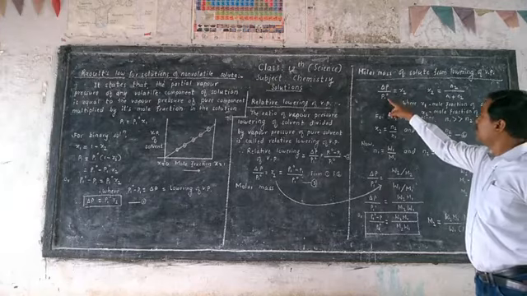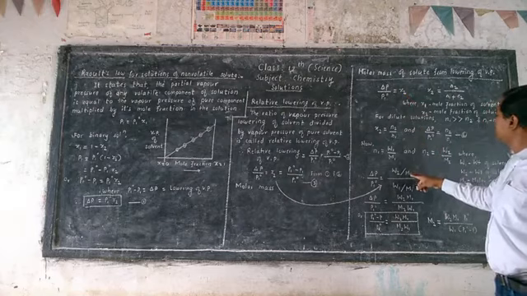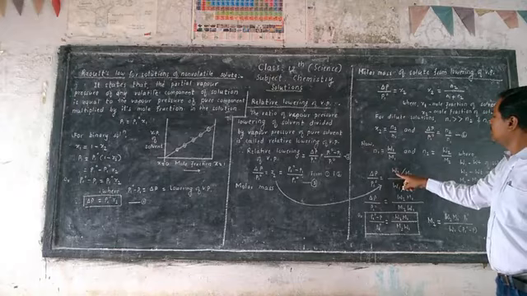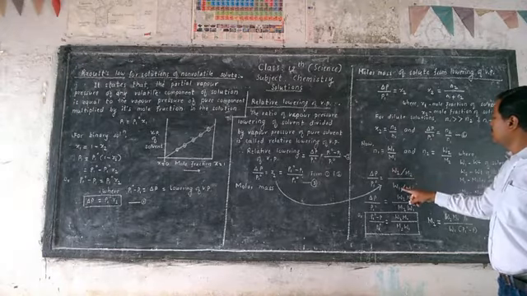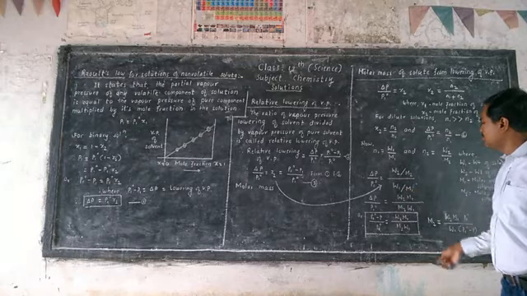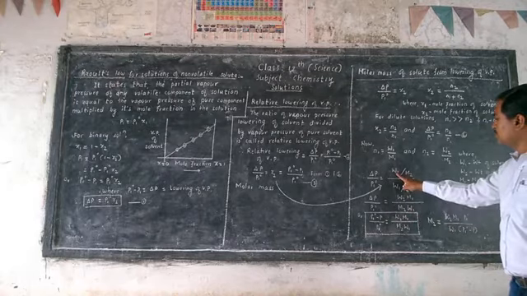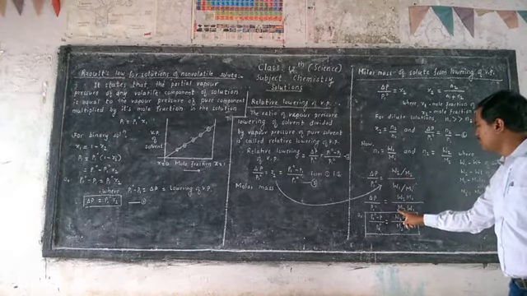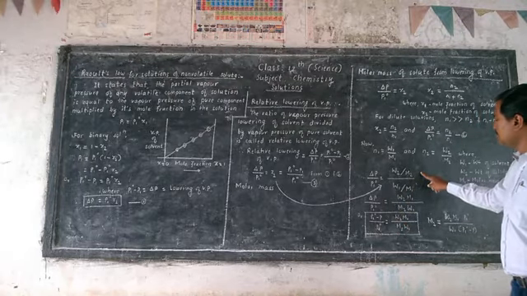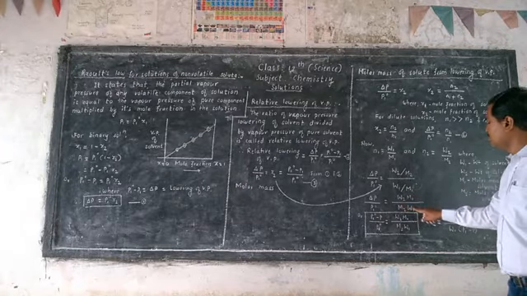So delta P upon P1° is equal to X2. How can X2 be calculated? It is W2 upon M2 divided by W1 upon M1. Rearranging, M1 goes to the numerator: W2 into M1 upon M2 into W1.